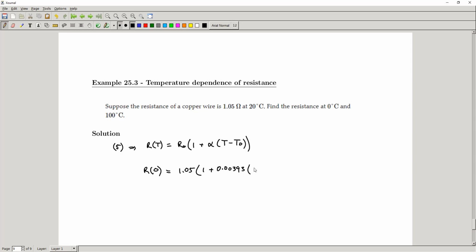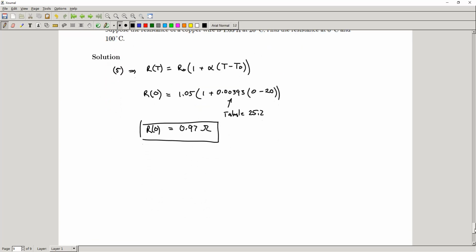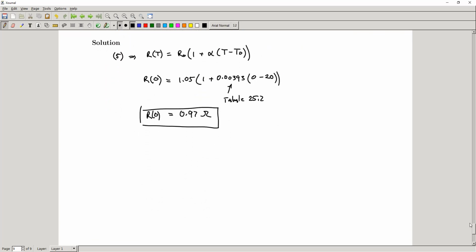We need our temperature that we're looking at, which is 0 degrees, and our reference temperature, which is 20 degrees. If you do this calculation, you're going to find that R of 0 is actually 0.97 ohms. So that's our resistance at 0 degrees Celsius.